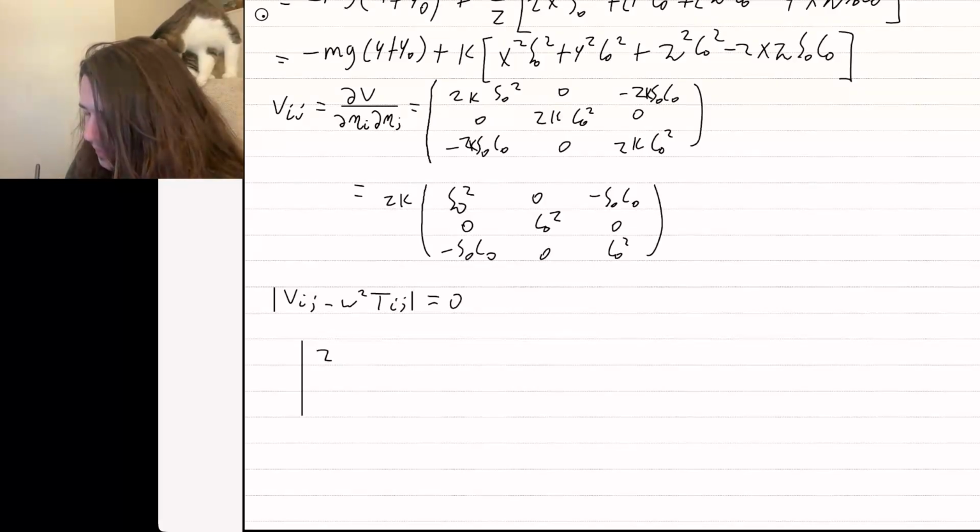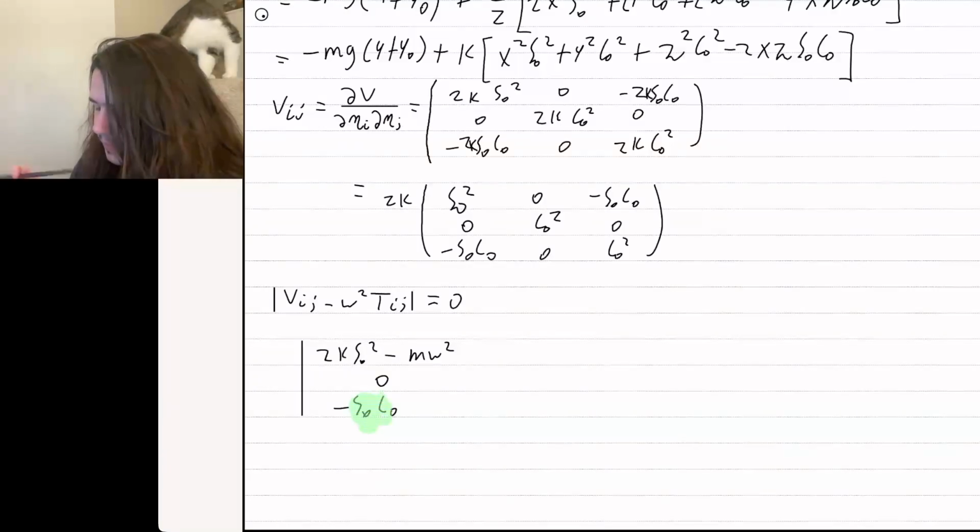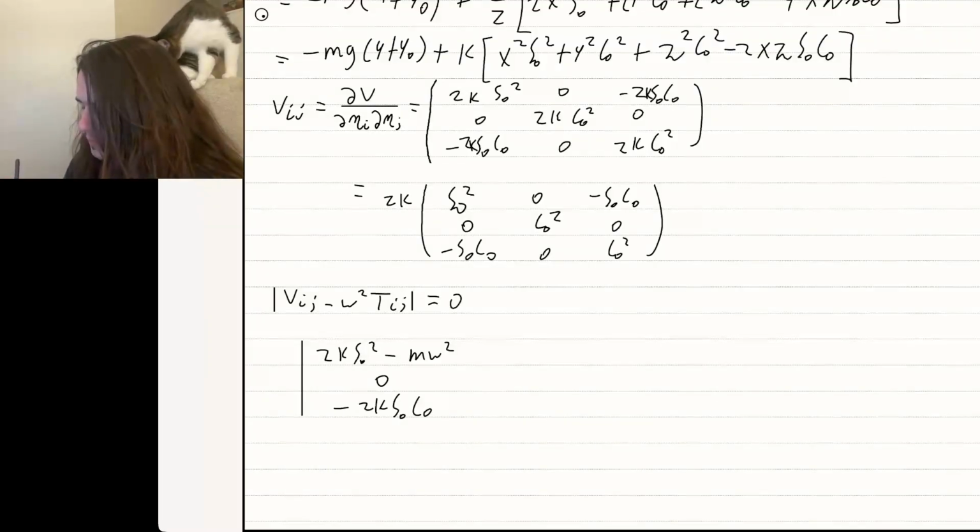So we've got 2k s naught squared minus m omega squared, 0 here, minus s naught c naught here with 2k on it, so it's minus 2k s naught c naught. This was 0. This is 2k c naught squared minus m omega squared. Yeah, very simply. And then this is 0.